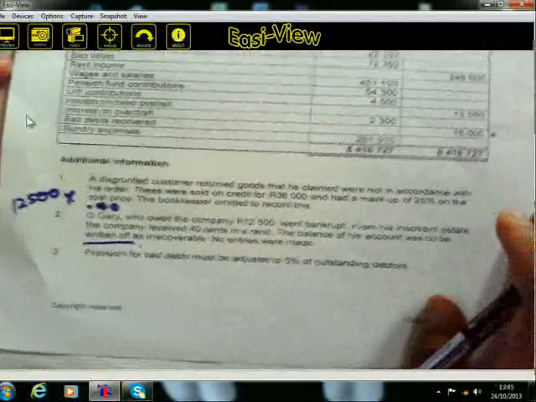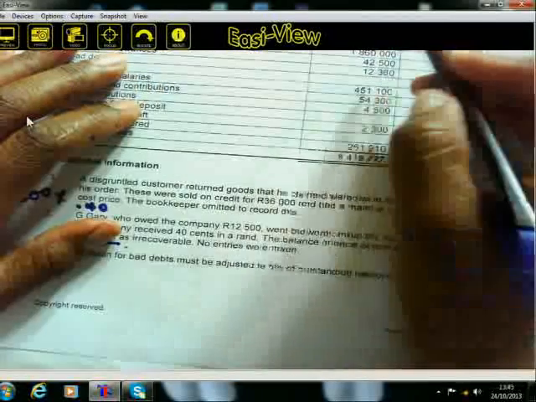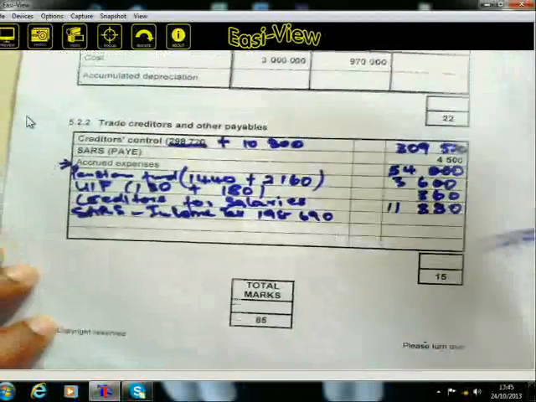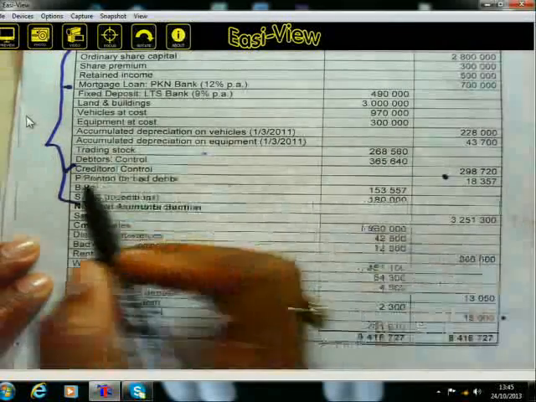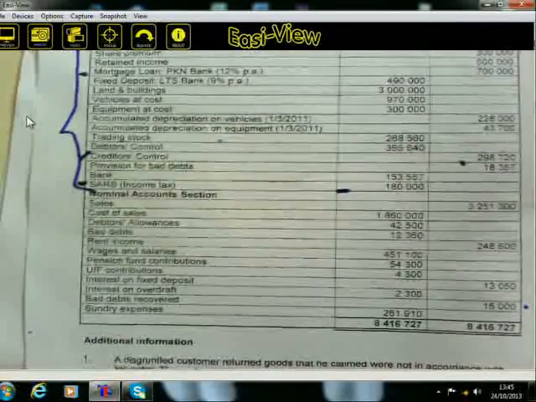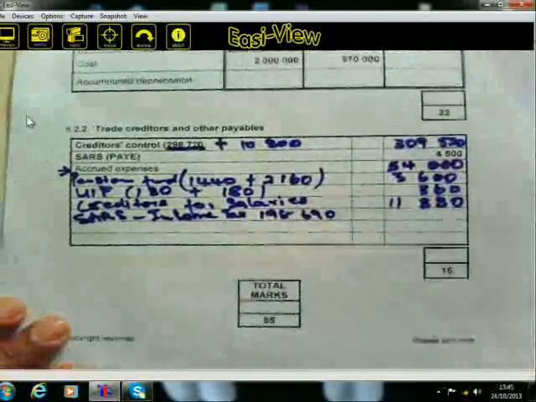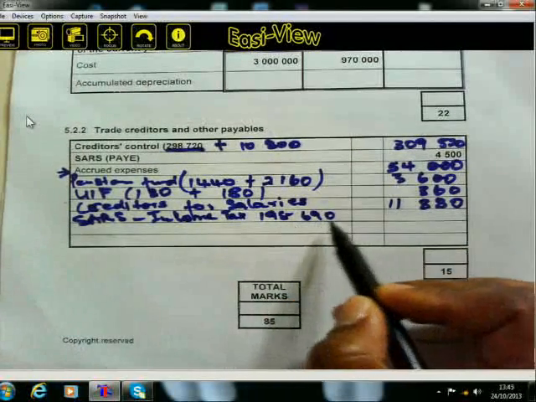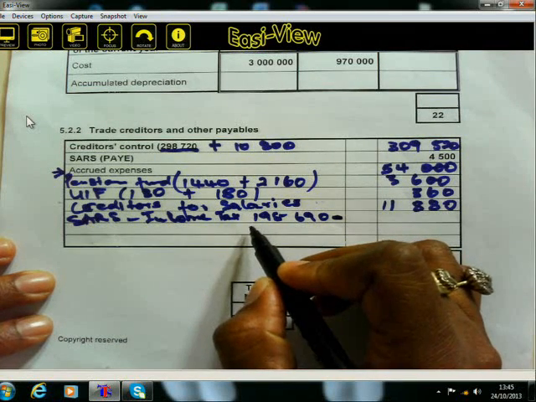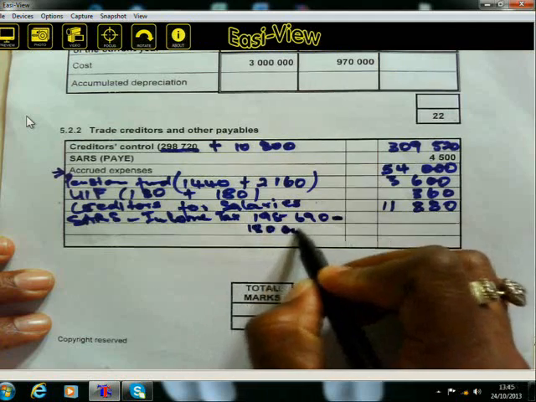Now we go to the extract, we look at the amount of SARS, which was 180,000. We need to subtract that amount from the extract, this one. Let me show you. This amount of SARS of 180,000, we subtract it so that we get the exact amount that we'll have to pay SARS. So it will be 195,690 minus that 180,000 rand.